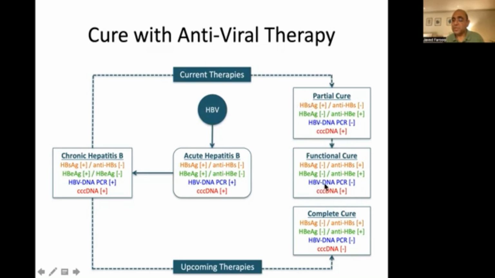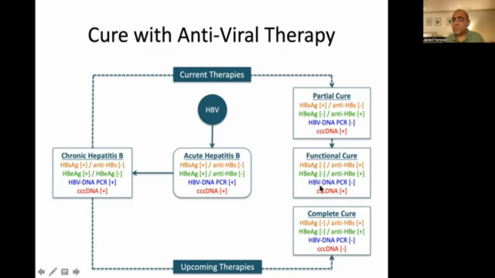So DNA is negative, E antigen seroconversion has happened, and now the HBs antigen is lost, with or without anti-HBs appearing. When we achieve the functional cure, it is a very great success, because we rarely see functional cure with the current therapies.